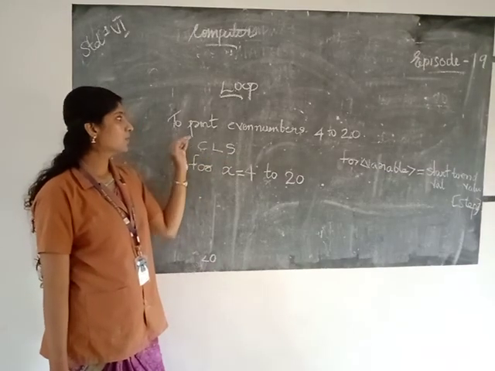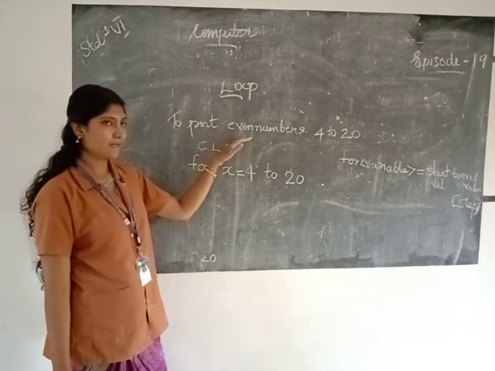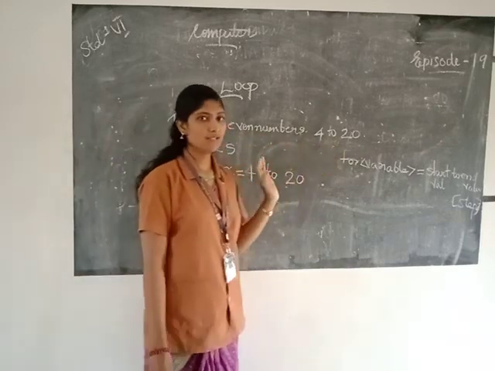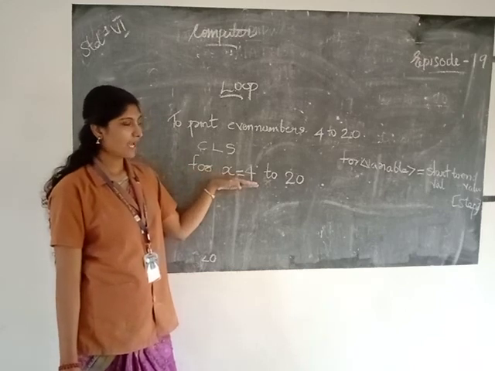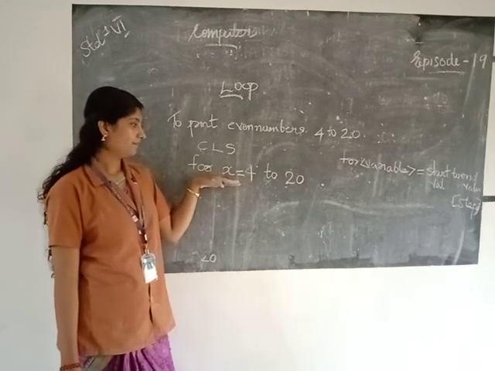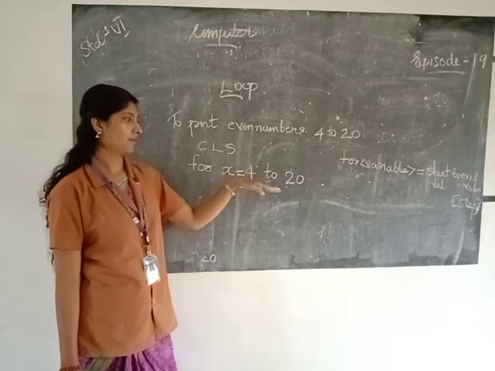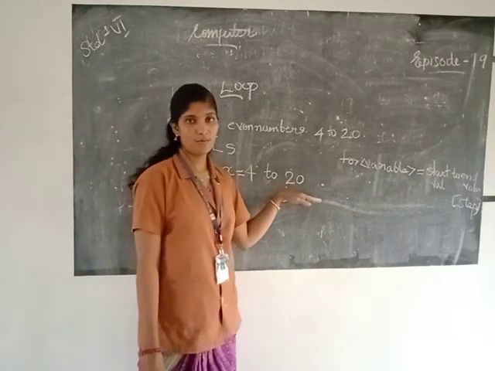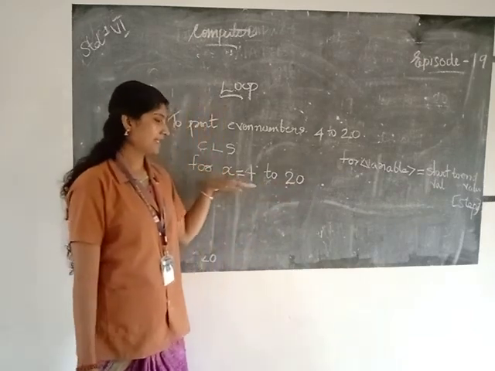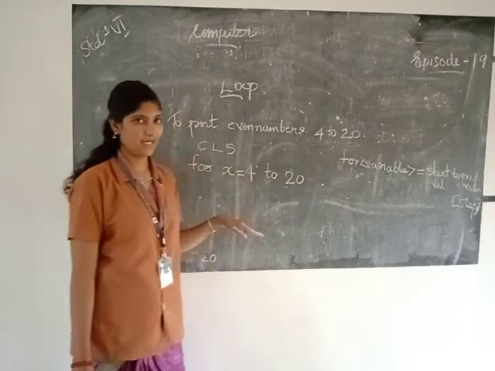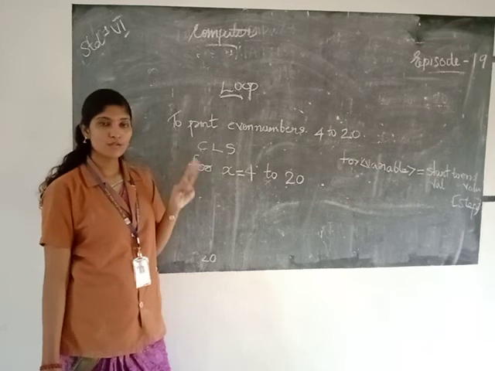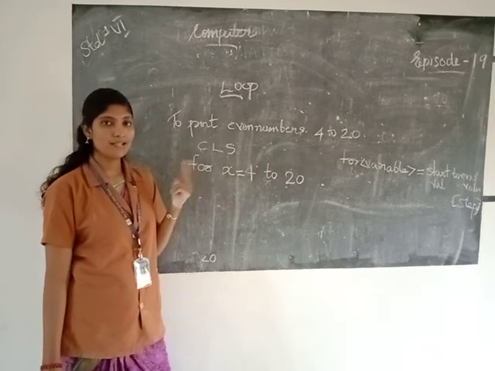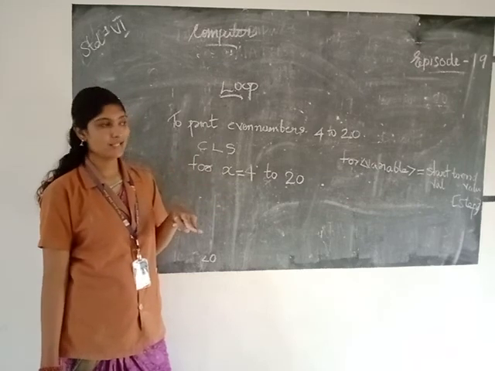We want to print the even numbers from 4 to 20. So the initial value we have to print is 4. X equal to 4, and the end value is 20. So X equal to 4 to 20. Even numbers means when 2 is added, we get the next number.